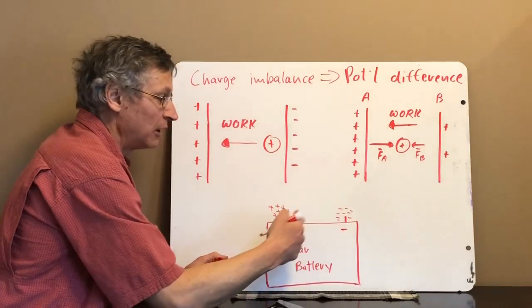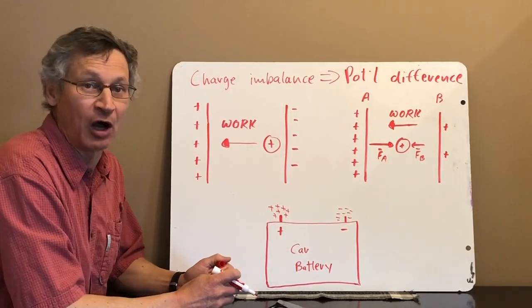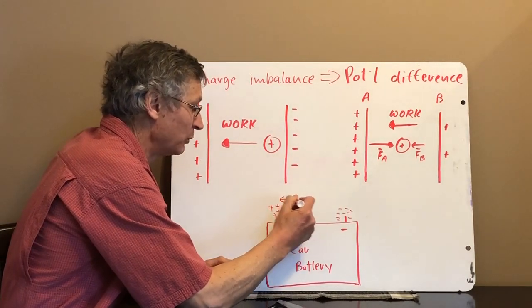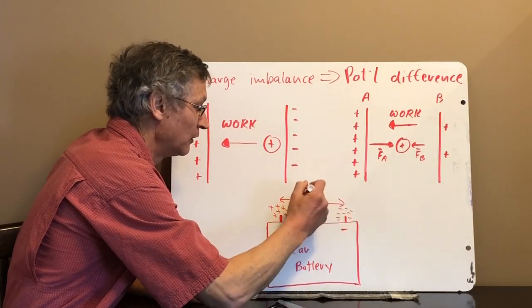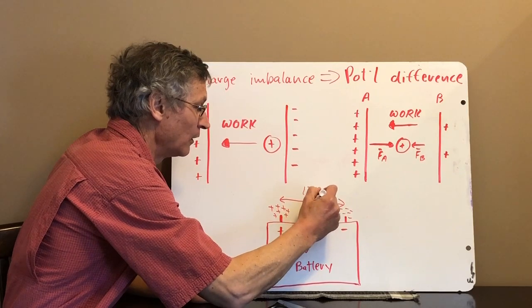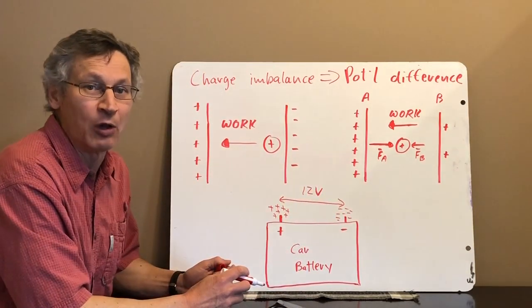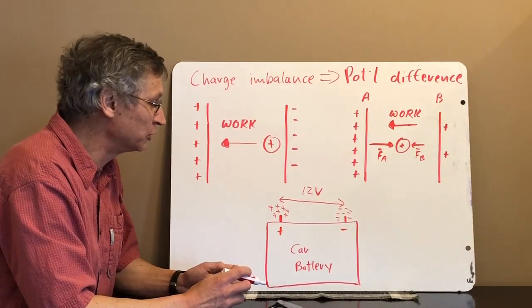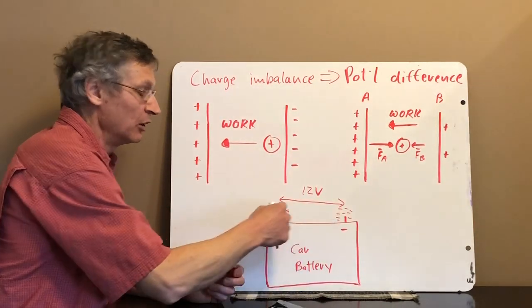And you've got a charge imbalance, a potential difference. And if you're talking about a car battery, the potential difference between those two points is 12 volts. It's going to take 12 joules to move 1 coulomb of charge from here to here.